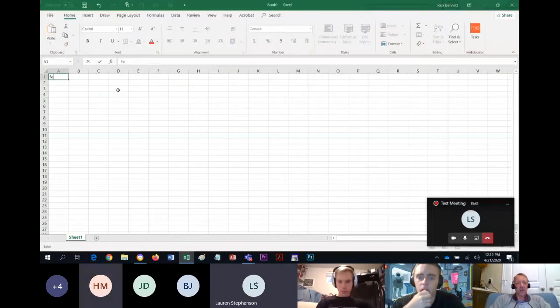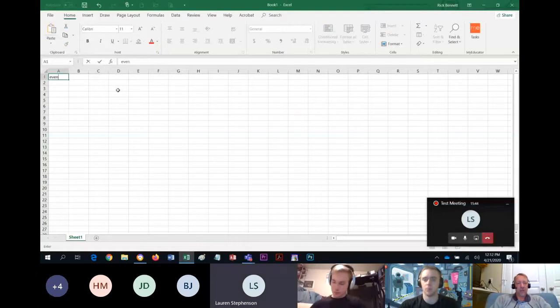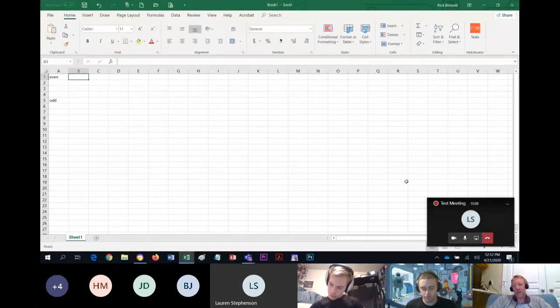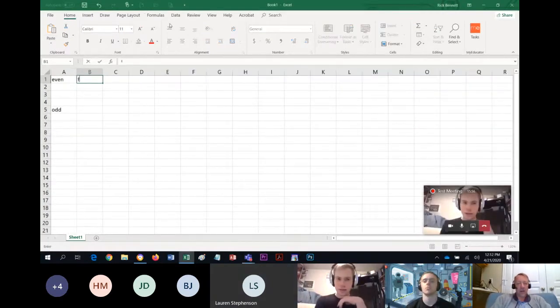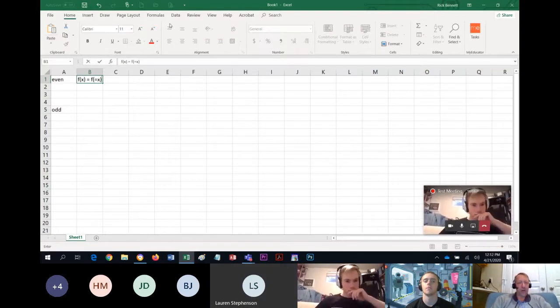Okay, so even and odd. What are the definitions of even and odd? On an even function, f of x should equal f of negative x. Whoops, that's negative x.